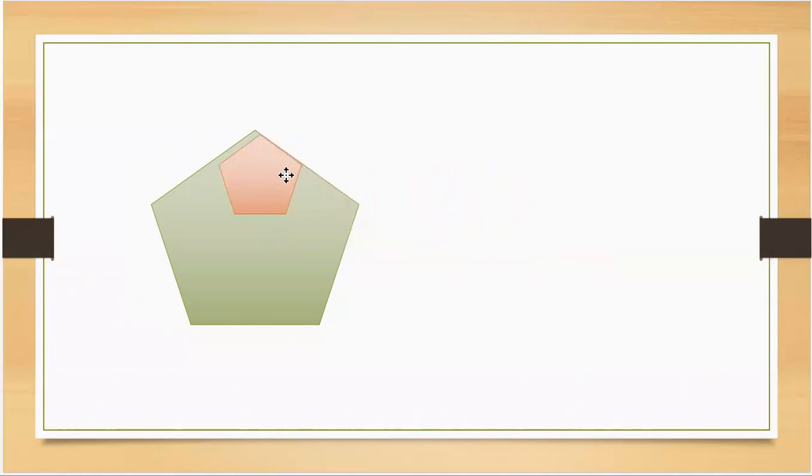If I exactly coincide the first point on this lower bigger pentagon, then you will see that the first angle coincides. Let us check the second angle. The second angle exactly coincides. Let us check the third angle. The third angle also exactly coincides. Let us check the fourth angle.